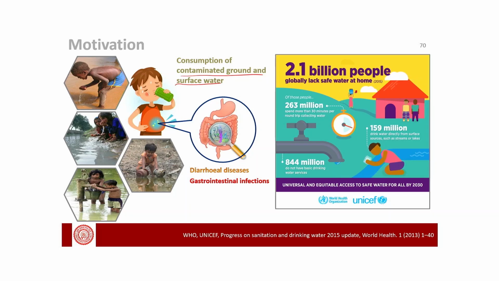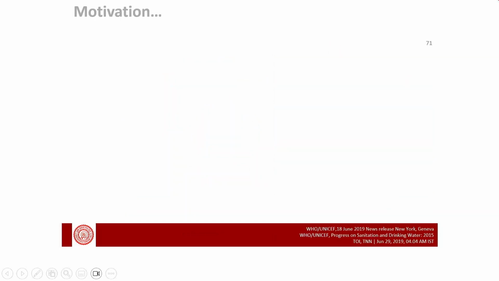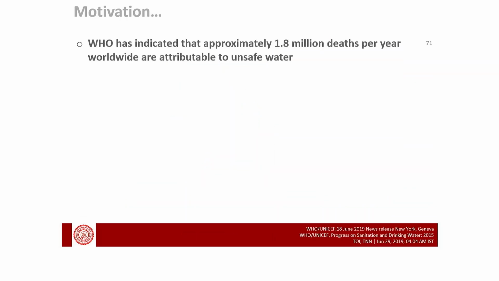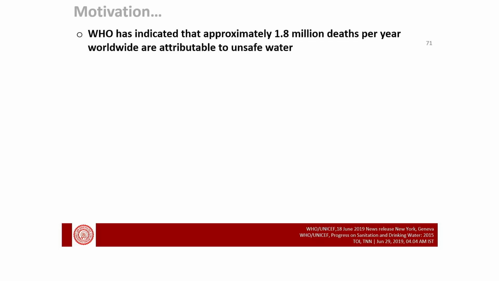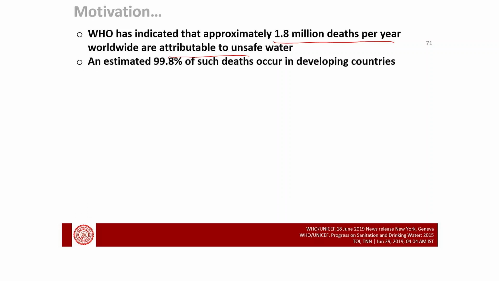With this idea, you can see the motivations here: as per WHO, approximately 1.8 million deaths per year worldwide are mainly due to unsafe water, and it is estimated that 99.8% of such deaths occur in developing countries.